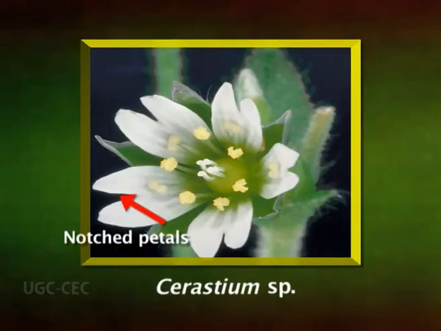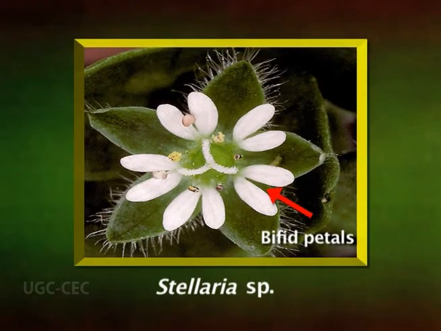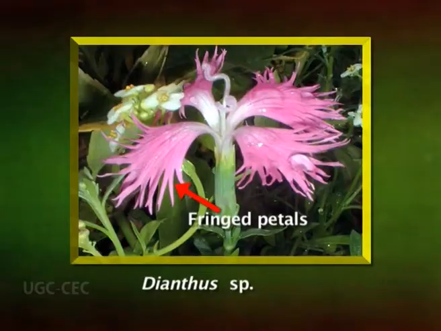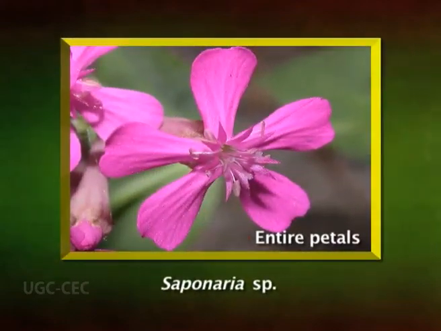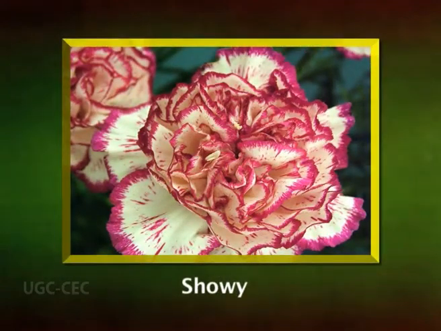It's often notched, as we can find in Cerastium, or bifid, as we can see in Stellaria, and can even be fringed or entire. This corolla is usually caryophyllaceous, showy and regular with imbricate or twisted aestivation.